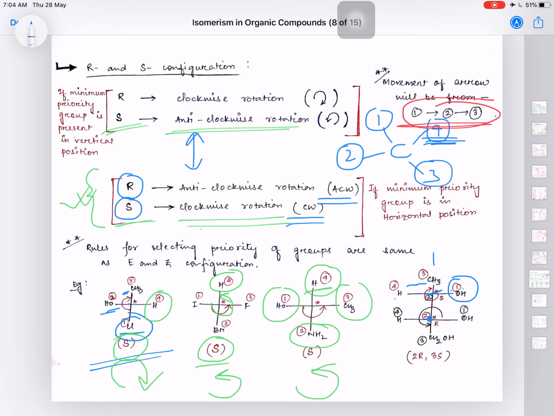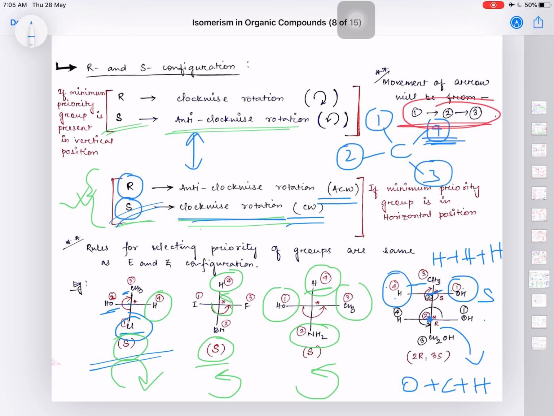In this one it is hydrogen plus hydrogen plus hydrogen. And for this carbon, it is oxygen plus carbon plus hydrogen. So this is highest, so this is 2, this is 3, this is 4, and we are going clockwise. Least priority in horizontal position, clockwise, is S. So the upper carbon is S.